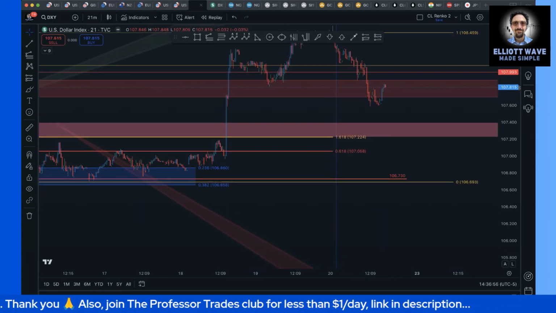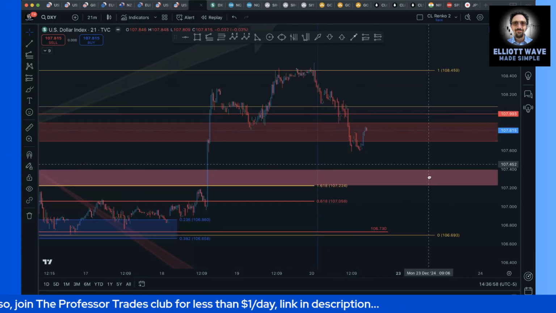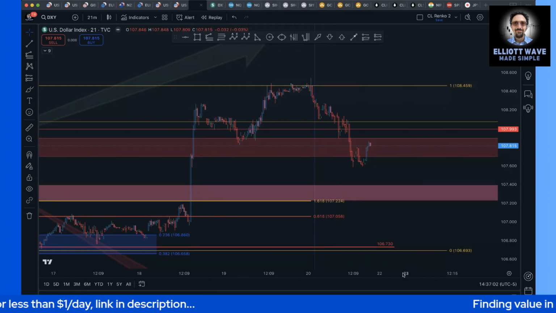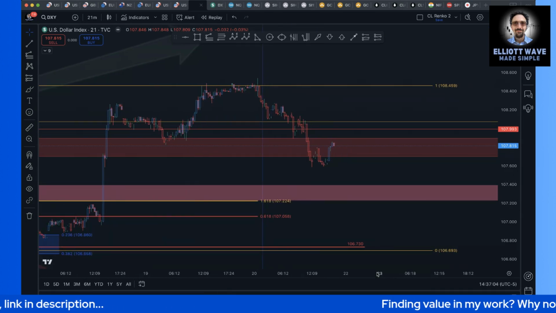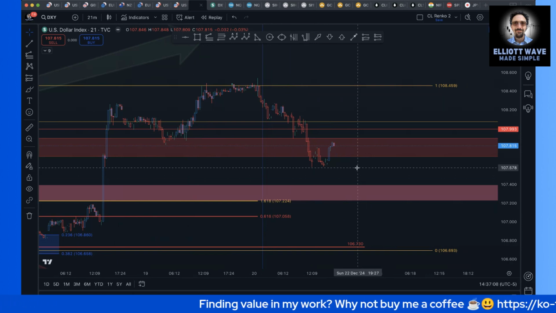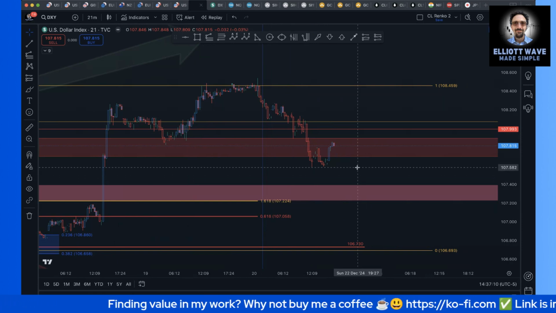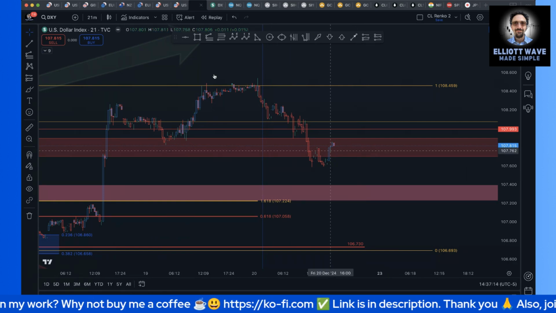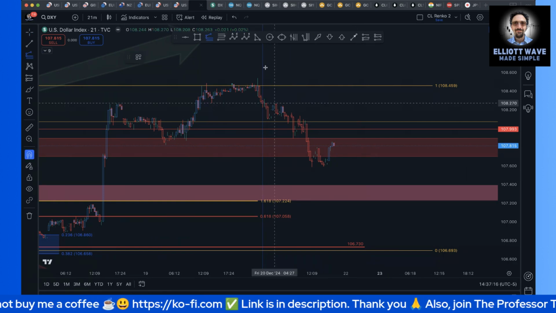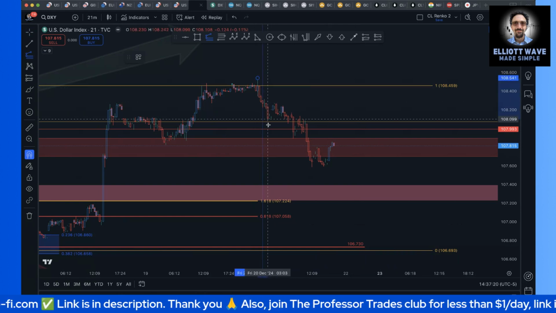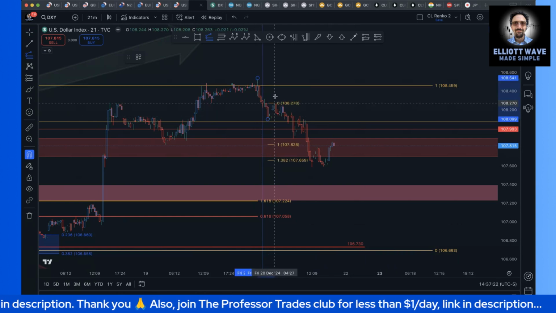What I'm doing now is I'm just drilling down for the first time and looking at this smaller time frame on the dollar. So I'm just eyeballing this for now. Let me just take a couple of quick and dirty measurements just to see what is going on with these fibs.